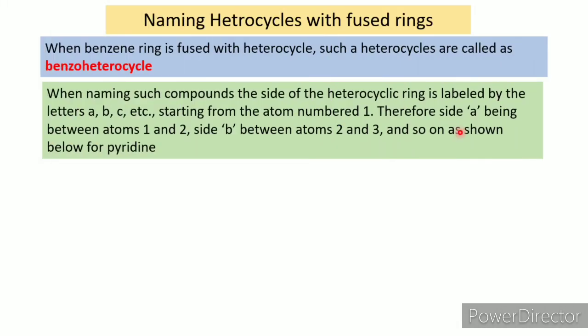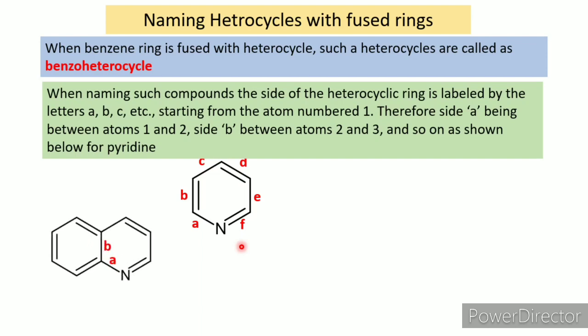For naming a benzoheterocycle, there is one special system which we'll discuss now with the example of quinoline and isoquinoline. Now you know that in quinoline and isoquinoline, the heterocycle present is pyridine. In pyridine, what we do for naming is we label the sides of pyridine. Starting with nitrogen and the next carbon, this side we name as A, then B, C, D, E, F. Now let us check the structure of quinoline.